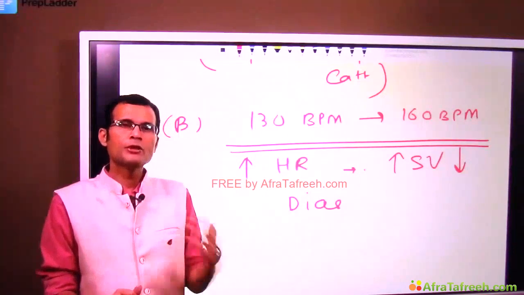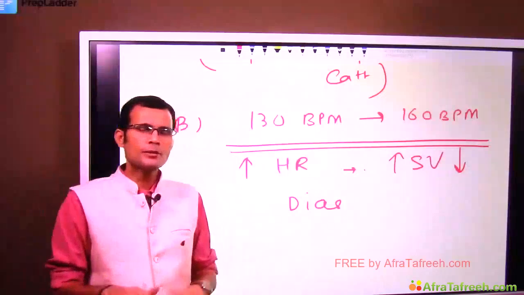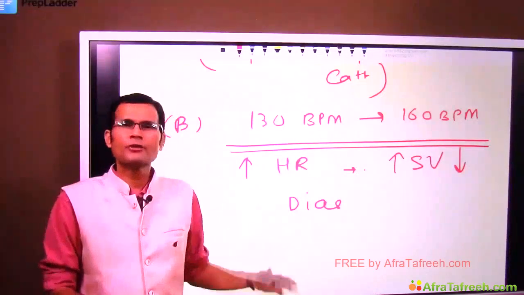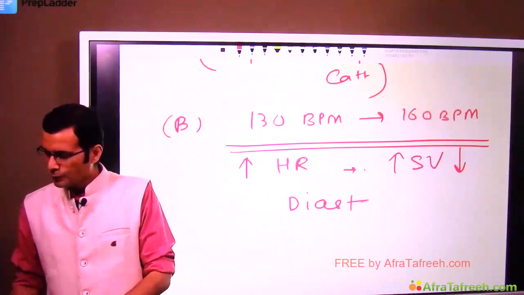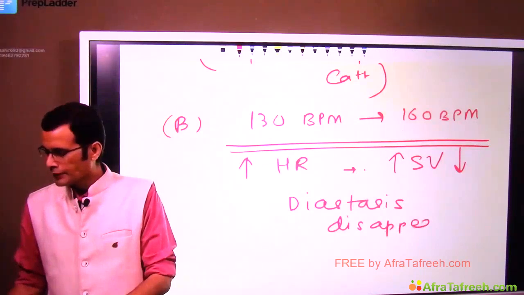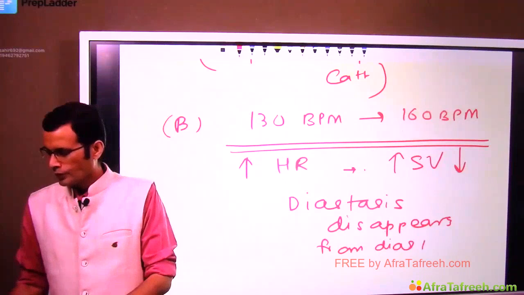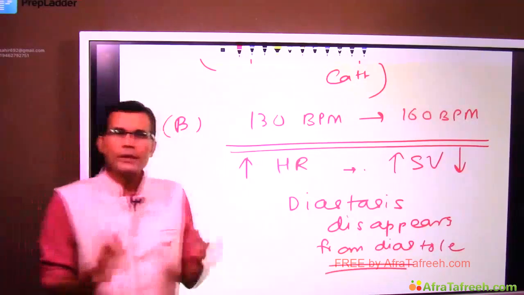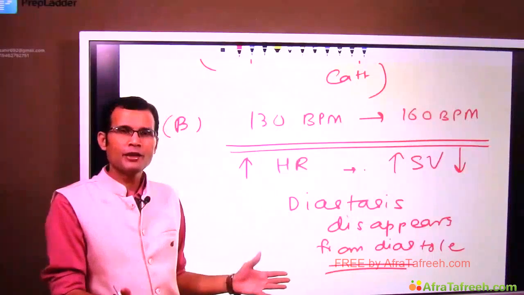And if you remember what I mentioned about diastasis, diastasis means diastole stasis, means in that phase not much filling occurs in the ventricle. So if I tell you now that diastasis disappears from diastole, it means ventricular filling will not be affected.